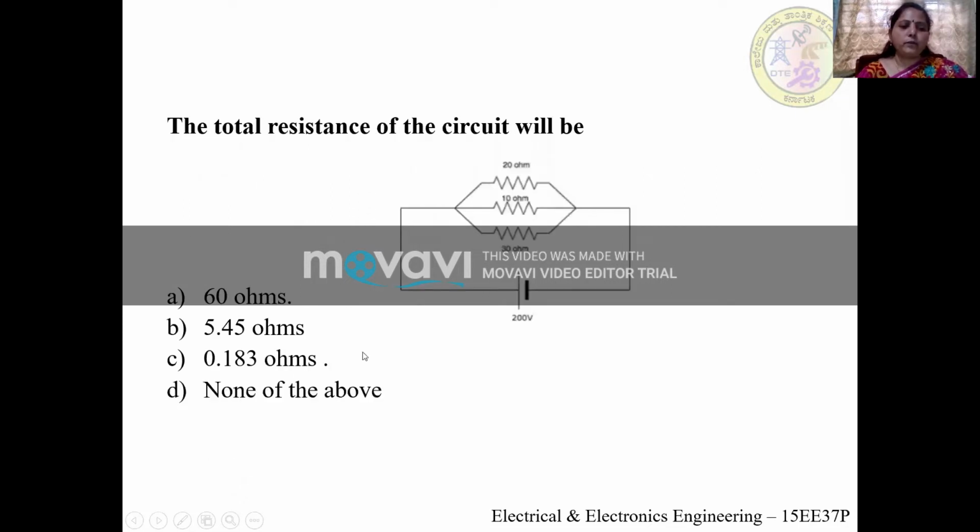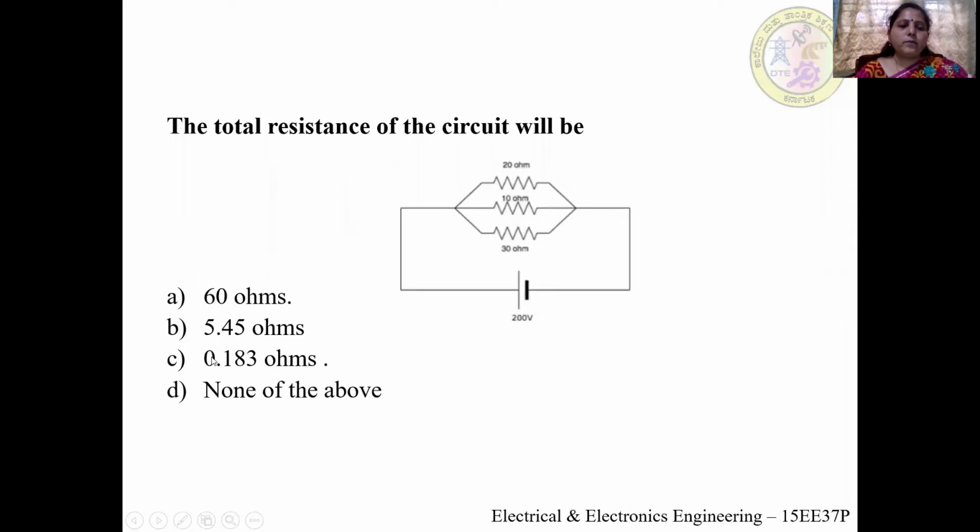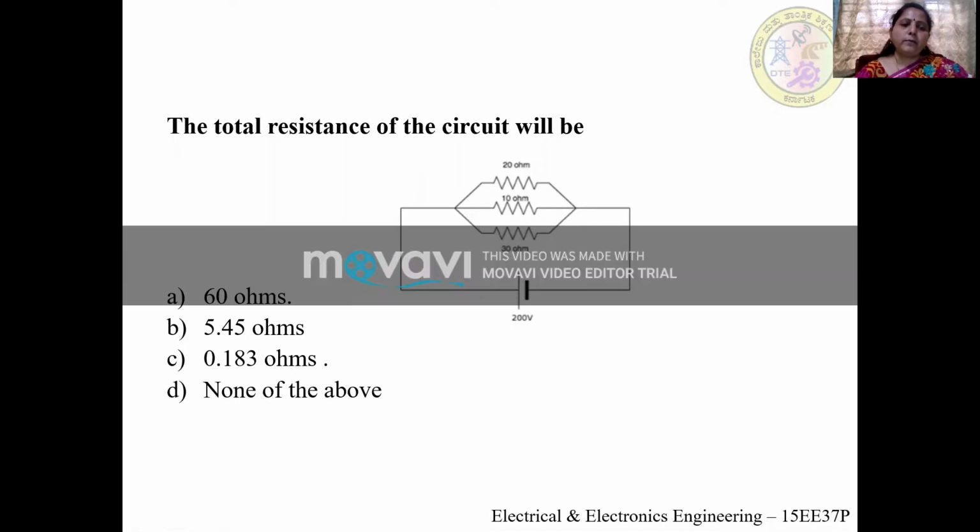So here you have four choices. The first one is 60 ohms, second one 5.45 ohms, third one 0.183 ohms, last one is none of the above. The right answer will be 5.45 ohms. This you are going to get after the substitution.